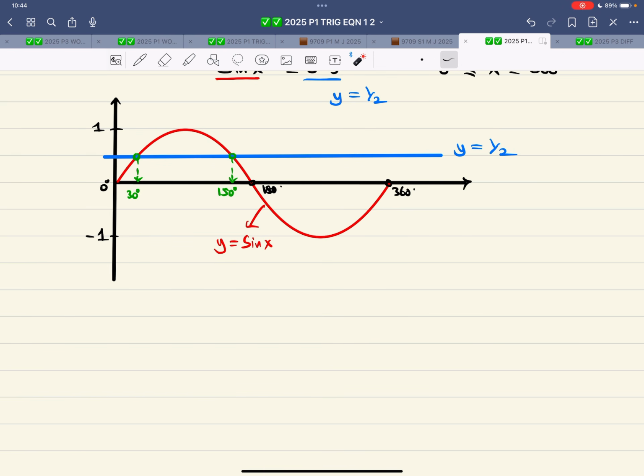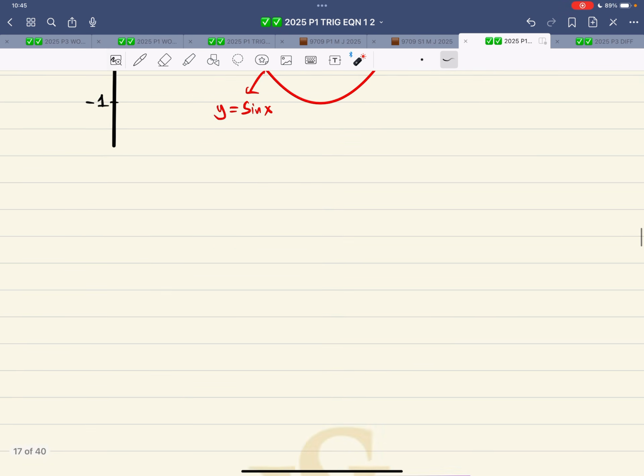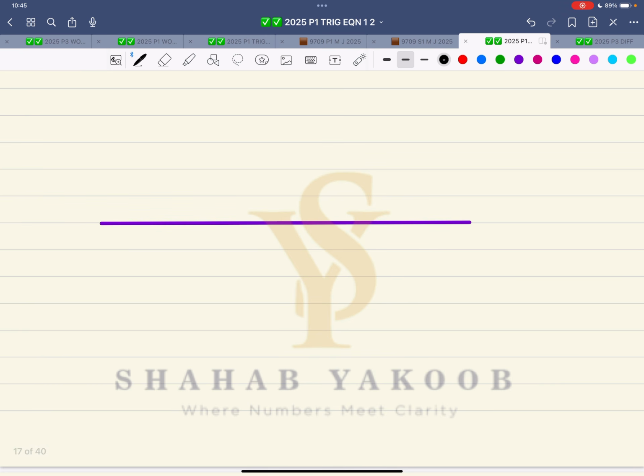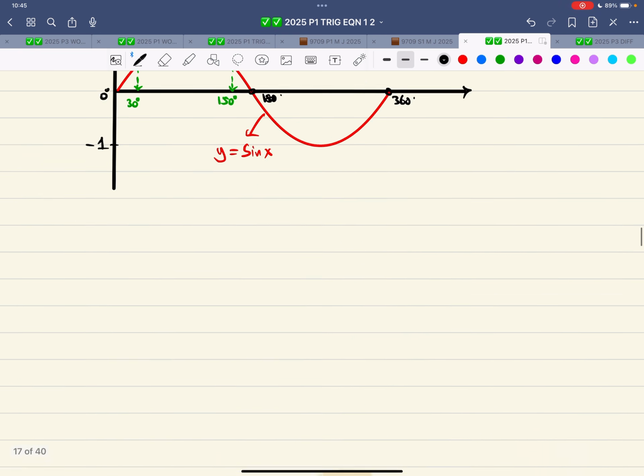Now there is something else I want to focus on. Look at this gap, that is of 30 degrees. Look at this gap, that is of 30 degrees. That means if I label it like this, this is 0 degrees, this is 180 degrees, somewhere here is 30 degrees, somewhere here is 150 degrees, right?